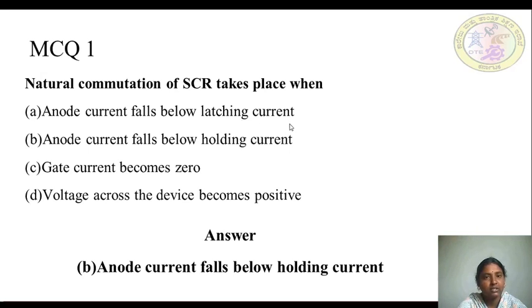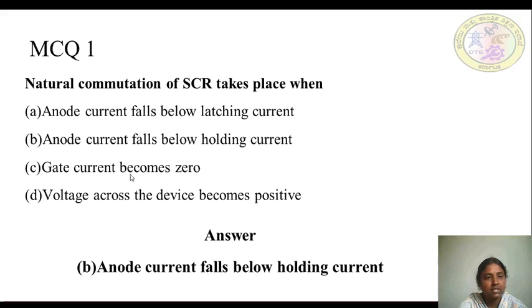Latching current, which is important when you are going to turn on the SCR, and holding current, when the SCR has to be turned off. So the word commutation itself will tell you it is related to turning off of an SCR. So anode current falls below holding current is the right answer.